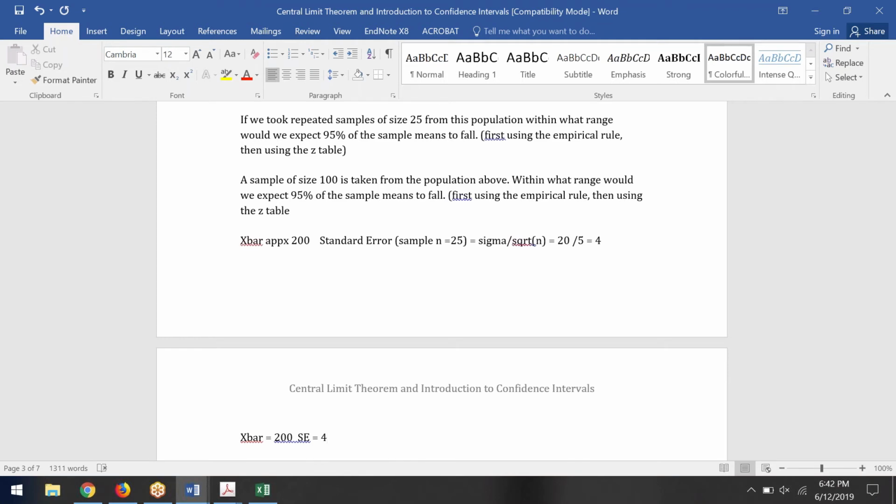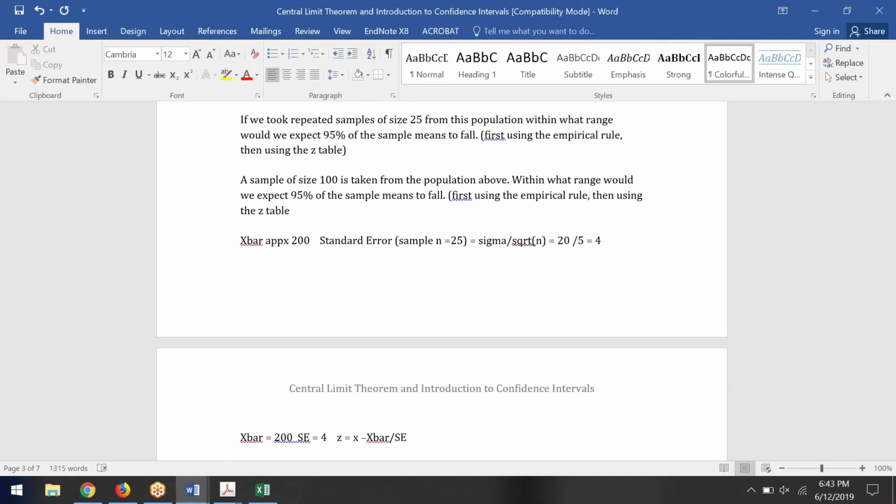So what is our z-score? What's our z-score going to be for a sample of 204? That z-score is going to be equal to the value we're interested in minus x bar, because we're dealing with a sample now, divided by the standard error.